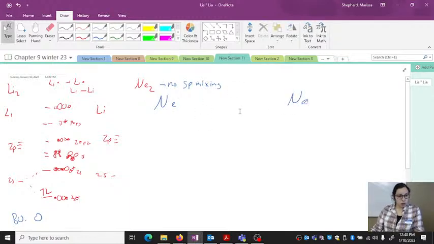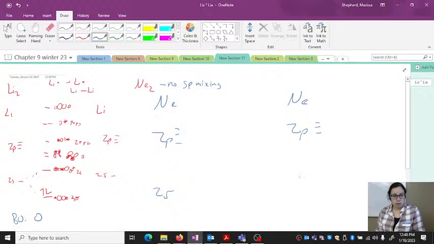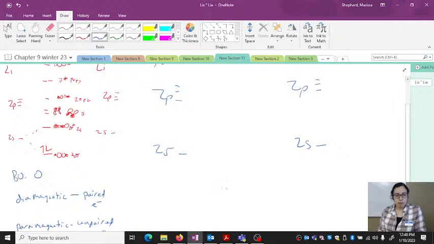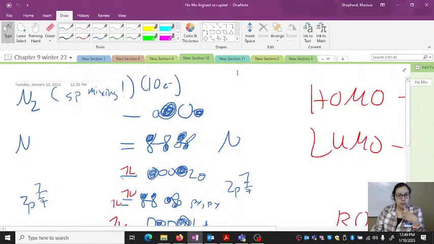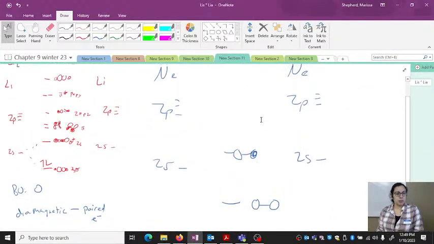And so neon, when you draw this one, now we can't invoke SP mixing. It should feel a little easier to do. Maybe that's just me. But now we don't have to worry about mixing. And so now we can follow this generic A2 without mixing order. The only difference is these orbitals swap.